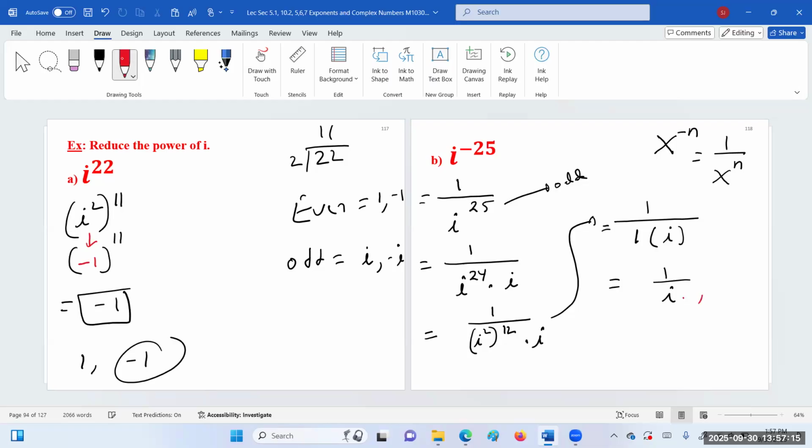Multiply by i. So we have i on the top, and what do you have on the bottom? i squared. So what is i squared? If this is -1, what is our final answer? -i.